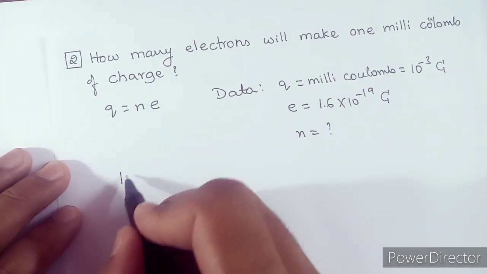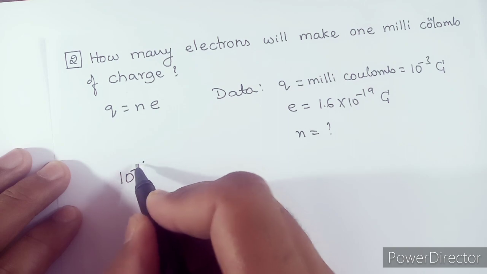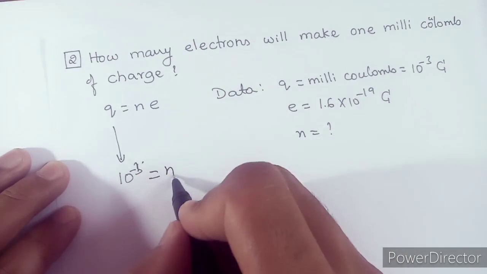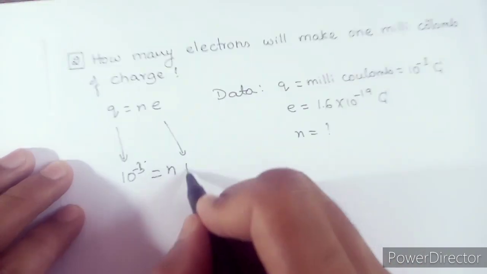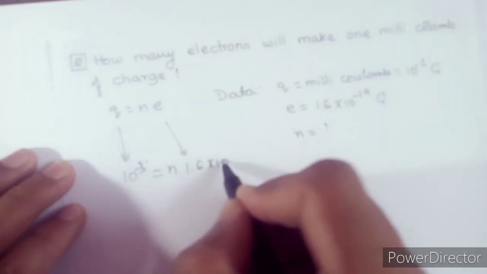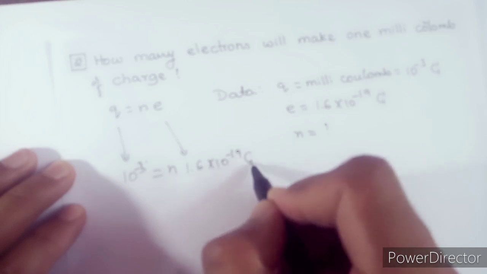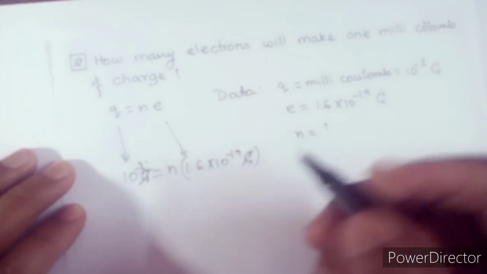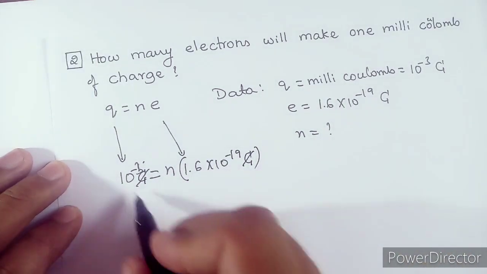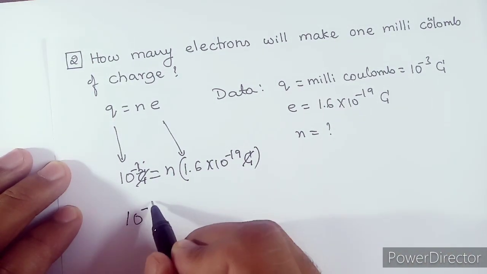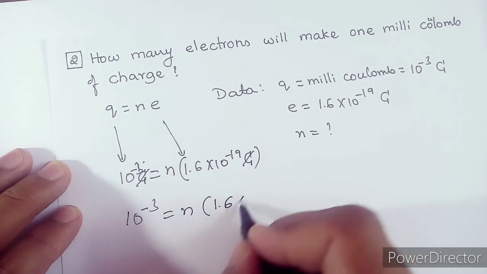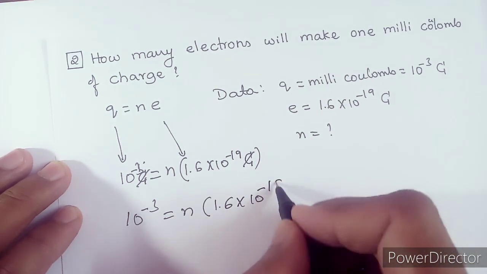So we get 10 to the power minus 3, which is the Q value, equal to N, which we don't know, into E, which is 1.6 into 10 to the power minus 19 coulomb. Here also the coulomb will cancel out, and then we have 10 to the power minus 3 is equal to N into 1.6 into 10 to the power minus 19.